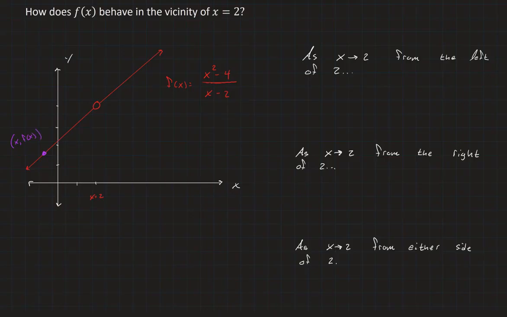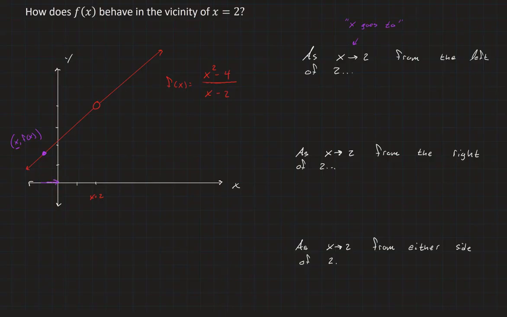And suppose that I'm going to allow this point to move. I'm going to slide it over. And notice this notation means as x goes to, or approaches, 2. So what that means is that I'm going to take this x value and make it approach the value 2. So I'm going to move it this way from the left.